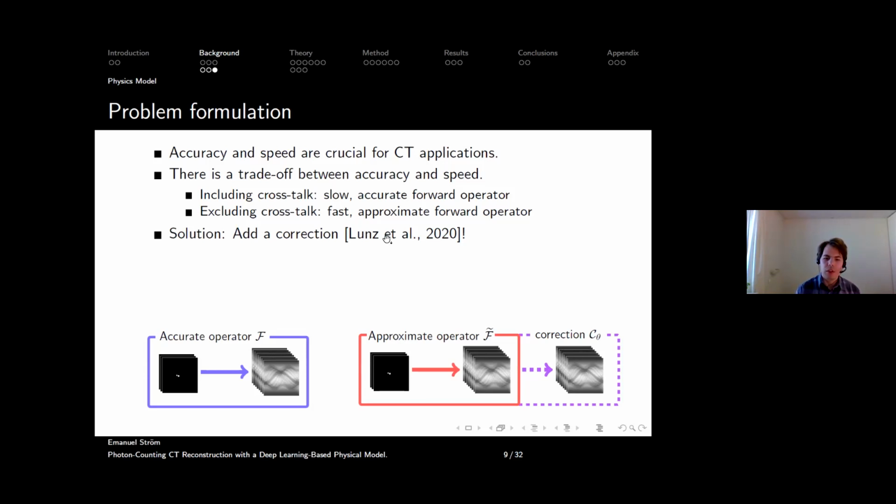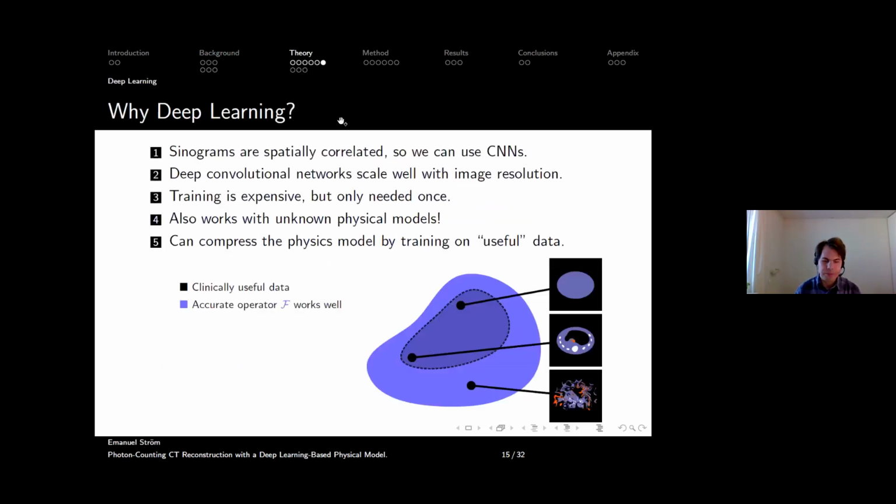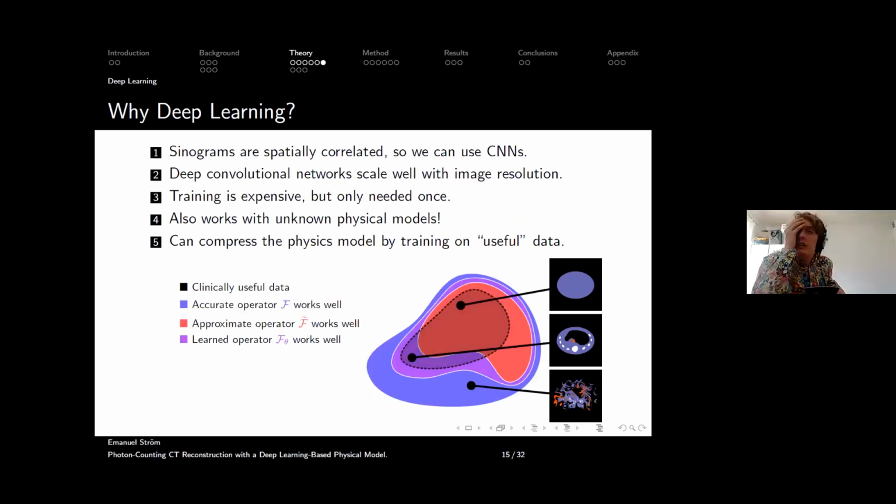So we have to restrict ourselves to the sinograms that are more or less likely to appear in reality when we use this reconstruction method that we have chosen. That was what I tried to explain in this slide. One idea of using this learned operator is that we can restrict ourselves to only the data that is necessary for obtaining accurate reconstructions.